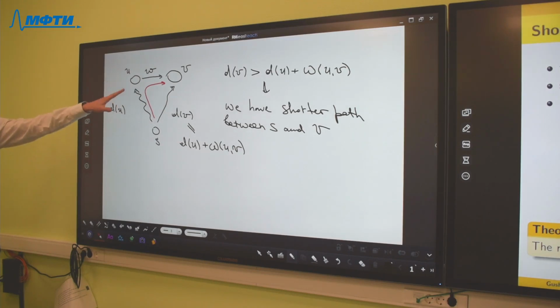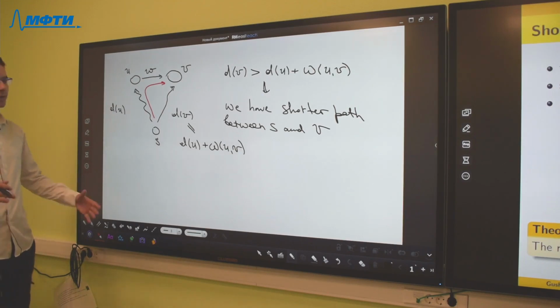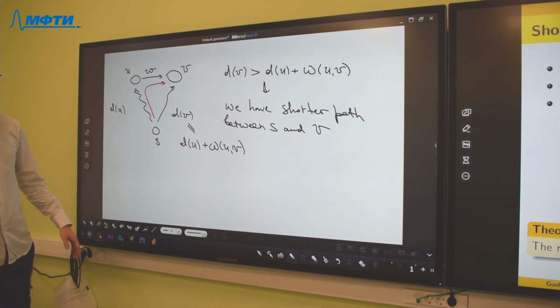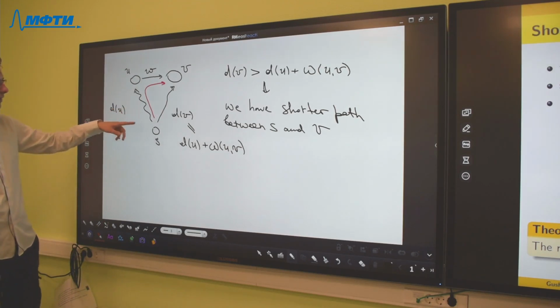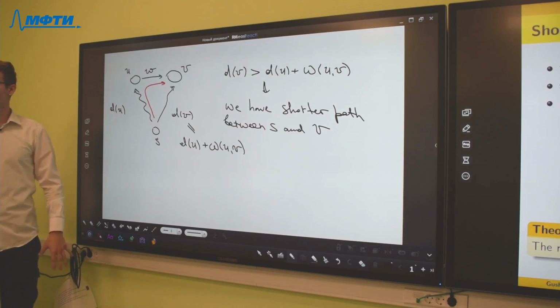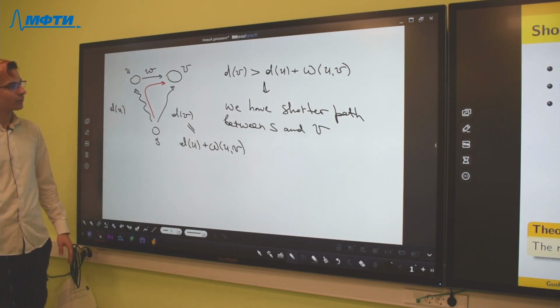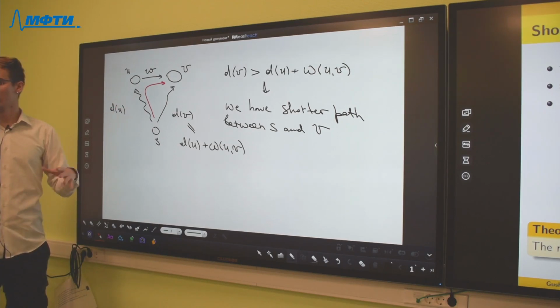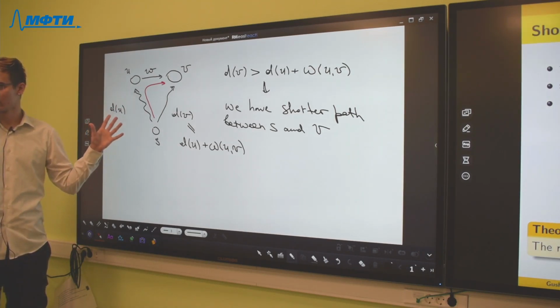And today we will use it a lot and say that we relax some edges and then get new distances from S to other vertices. And in the end of the algorithm, we prove that the distances are equal to the length of the shortest path between S and other vertices. Okay?